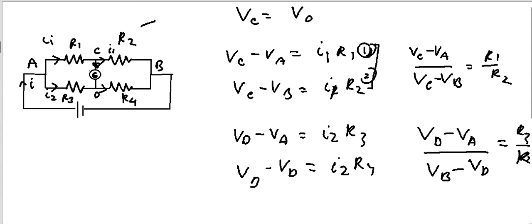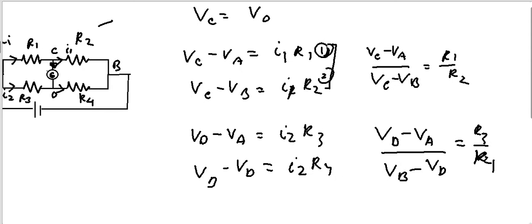Okay. Sorry, D will be at a higher potential than B, so I have to write VD minus VB. Here it should be VD minus VB, because current is flowing from here to here, so D is at a higher potential than VB. So here also VD minus VB.